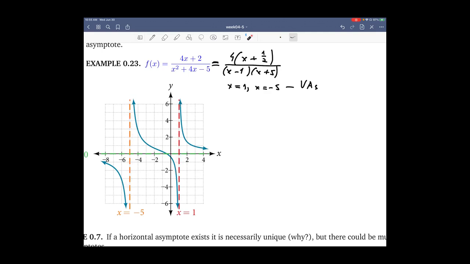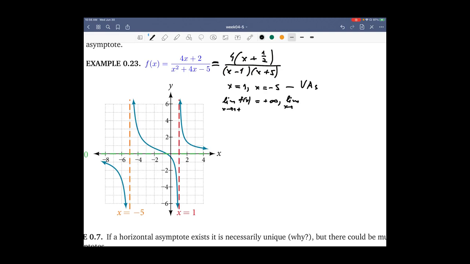Let's again find the one-sided limits. It's good practice. At 1 from the right, this will be positive, this will be positive, and this will be positive. So the limit is positive infinity.